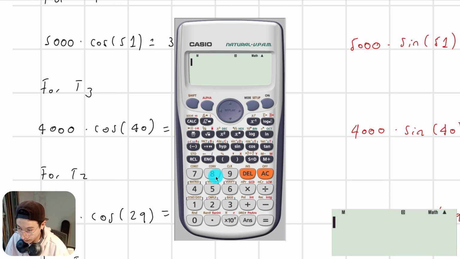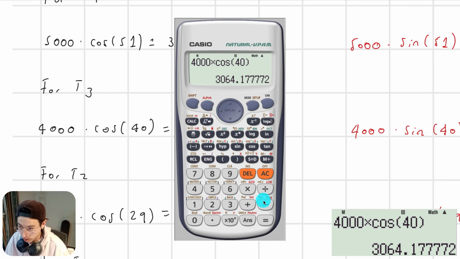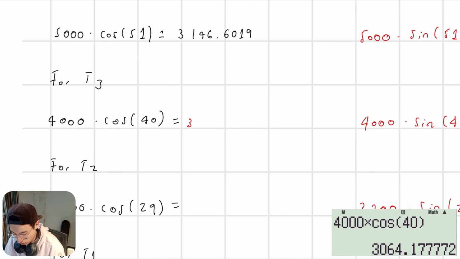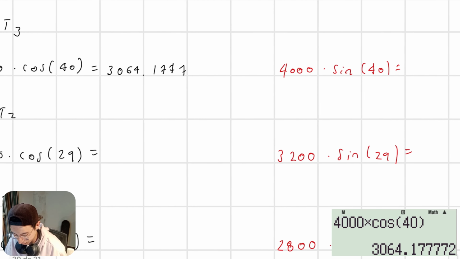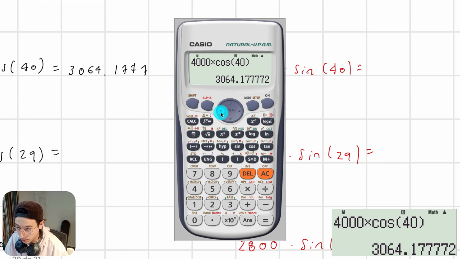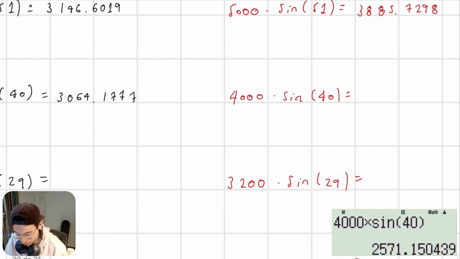Now 4,000 times the cosine of 40 equals 3,064.1777. Now with the sine, equals 2,571.1504.